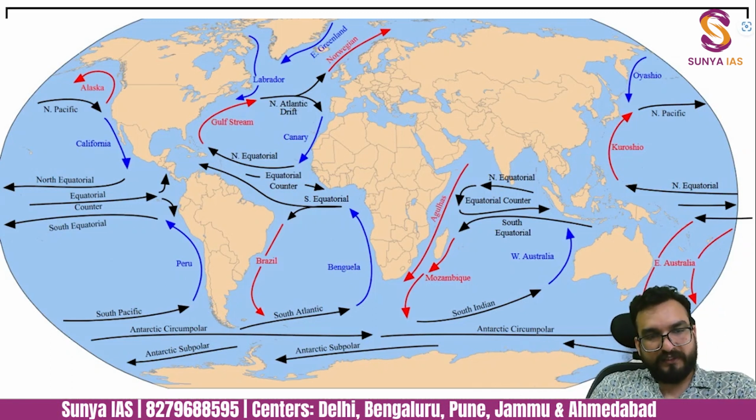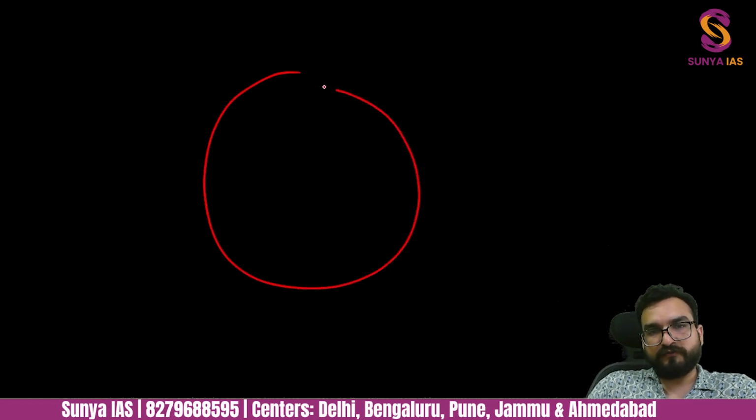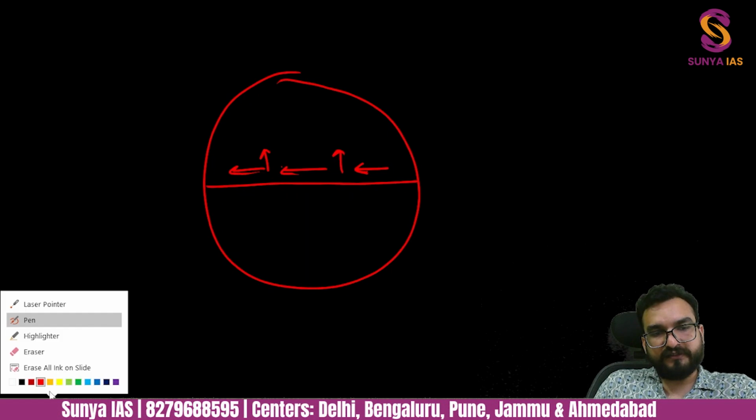See the currents now, guys. We will be understanding currents over here. This is your equator. Because of the temperature, the equatorial currents or winds, the equatorial currents will be warmer, flowing from west to east, or you can say they will flow from this area to the above areas.